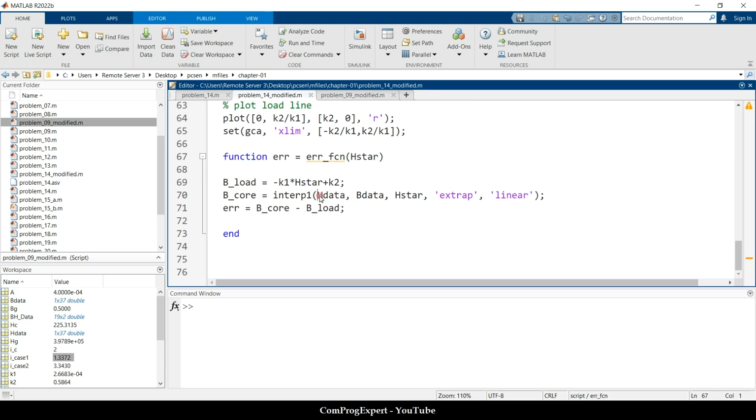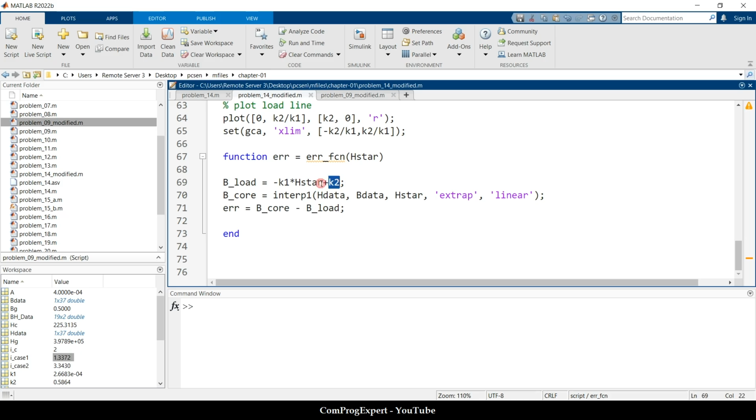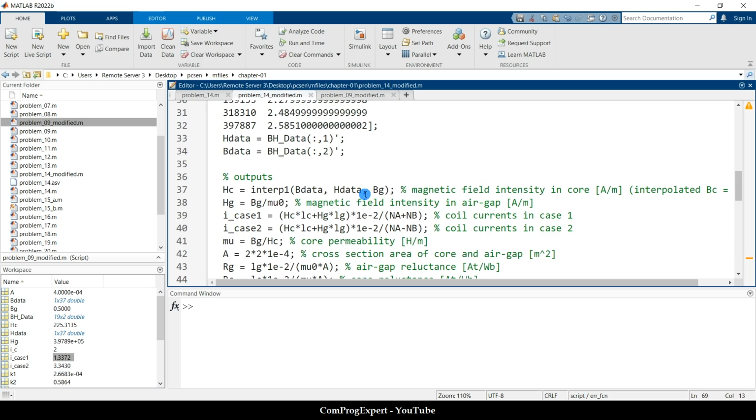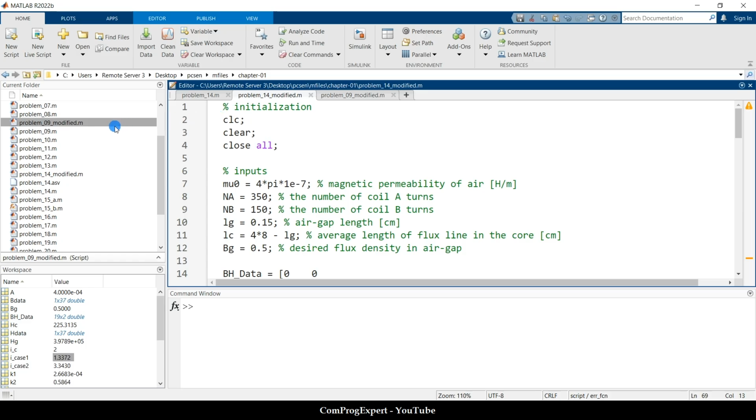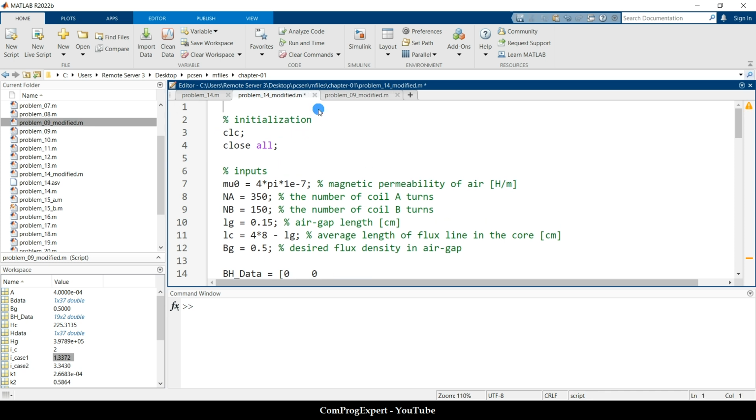Here, because I used this function at the end of my M file and I need to know the value of these variables inside this function, I change this M file to a function file. So just let me delete this, and here I write the function.